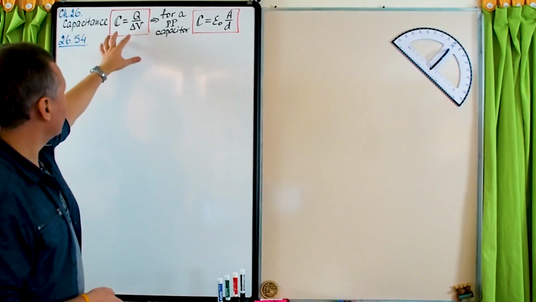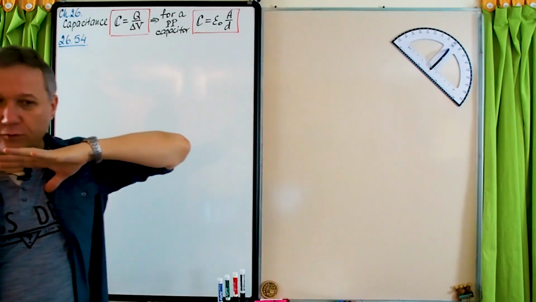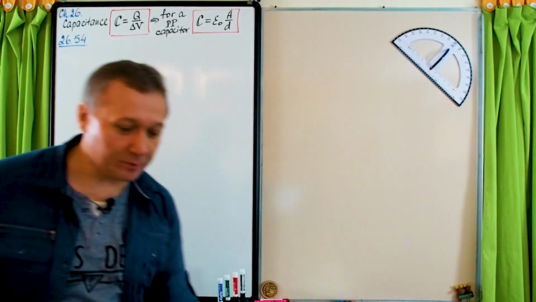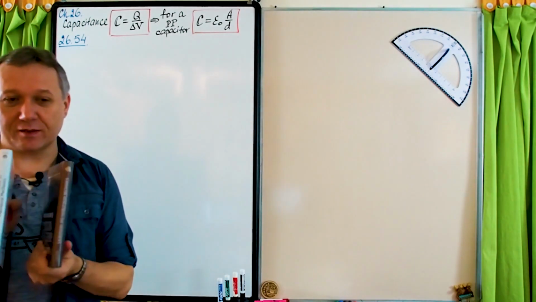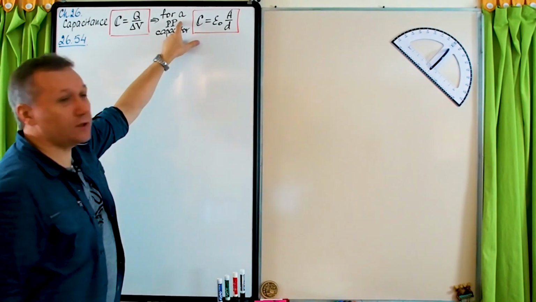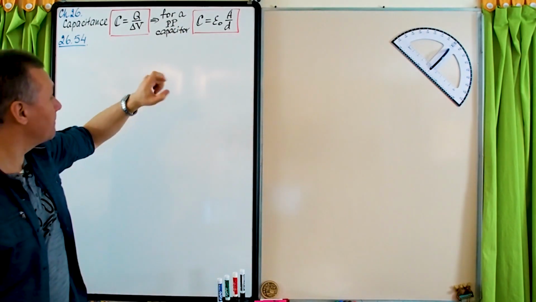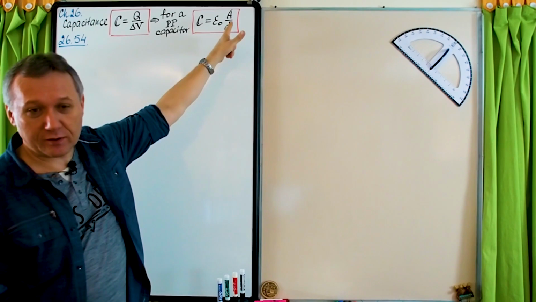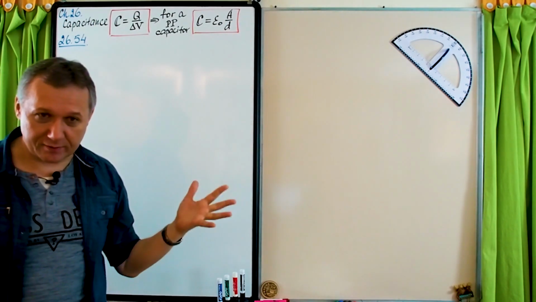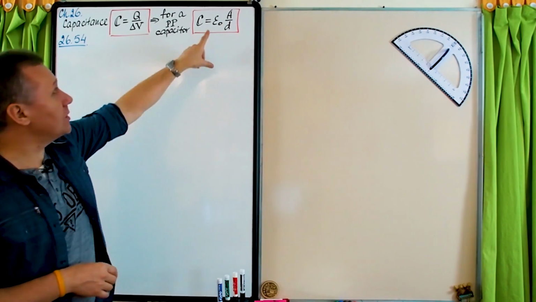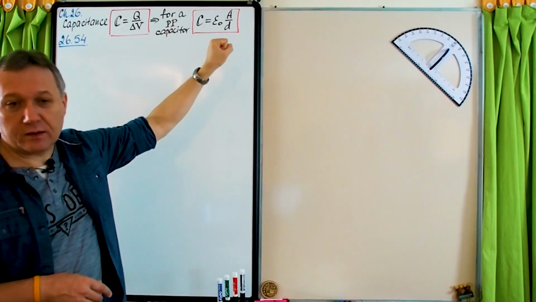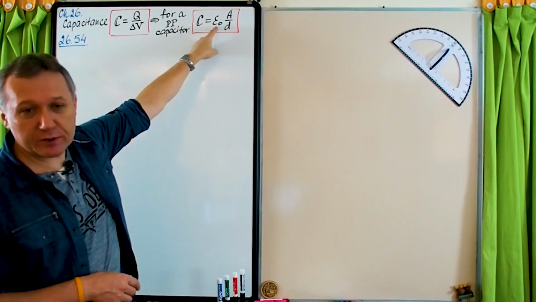This formula can be applied to find the capacitance of any object. But since we use the parallel plate capacitor all the time this semester, we apply it to a parallel plate capacitor and get C equals epsilon naught A over D, where A is the area of the plates and D is the spacing between the plates. The major feature of this formula is that it depends only on the geometry and the material between the plates.